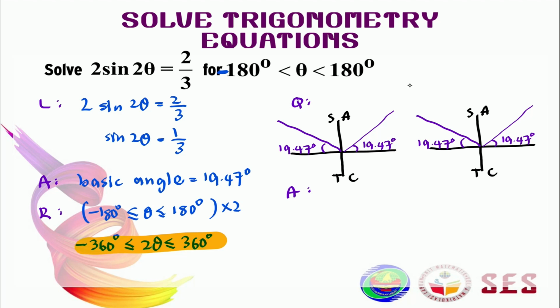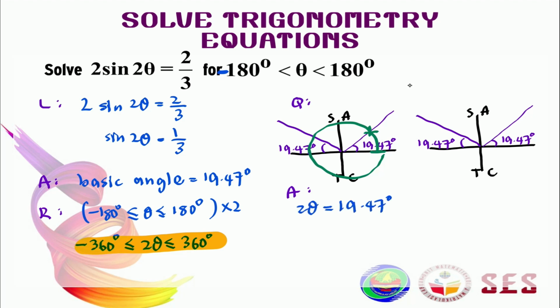We're going to start with the positive angle first. That means anti-clockwise rotation. For anti-clockwise rotation, we are going to start from 0 degree here to 360 degree. So the same as before, everything that the range touches will be our answer. So the first answer would be from the first quadrant. So we're going to have 2 theta equals to 19.47.